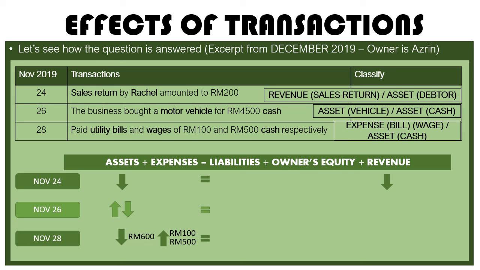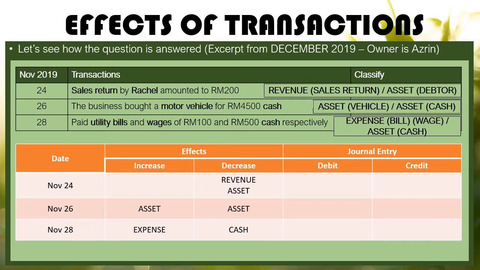Sama macam kalau utility bill ni pun, saya bayar utility bill 100, saya bayar gaji 500, jadi duit saya berkurang 600, the equation would still remain balance. Okay, jadi bila masukkan jawapan dalam table nanti, revenue berkurang, asset berkurang, asset bertambah, expense bertambah, cash berkurang.